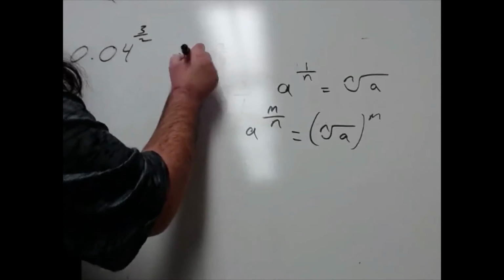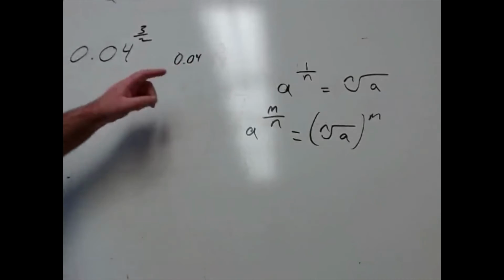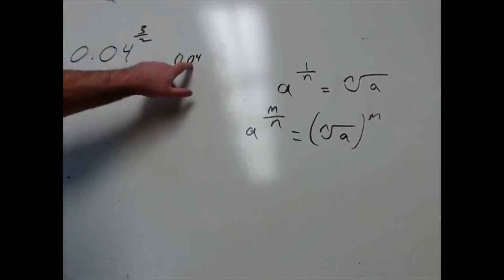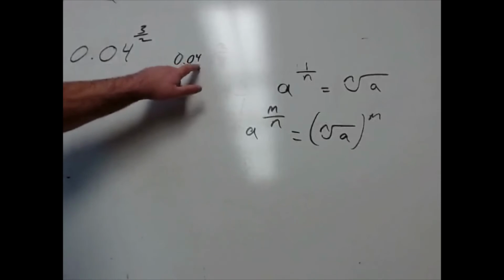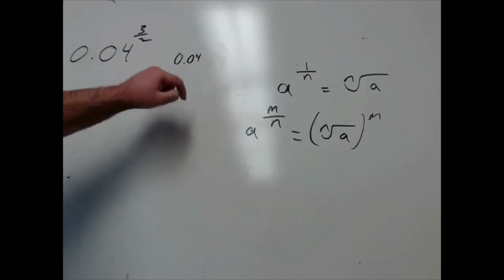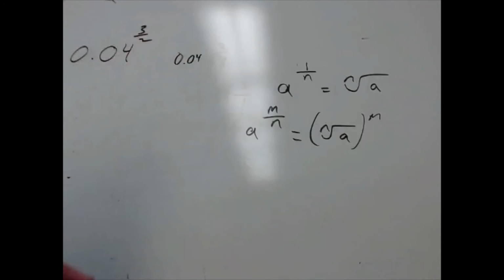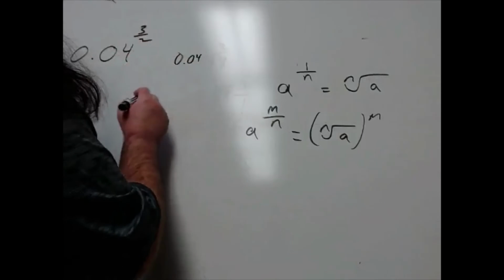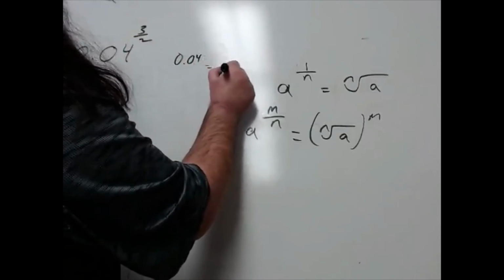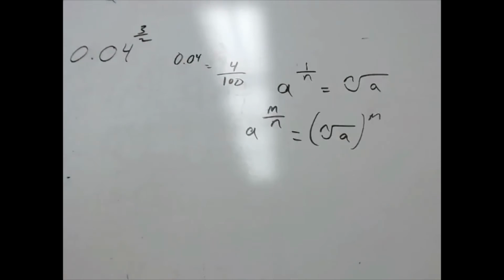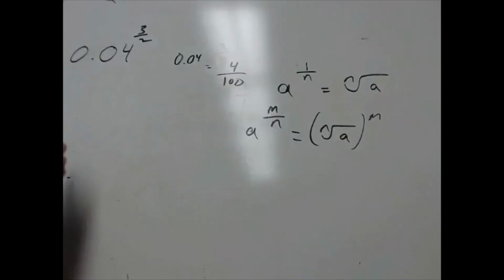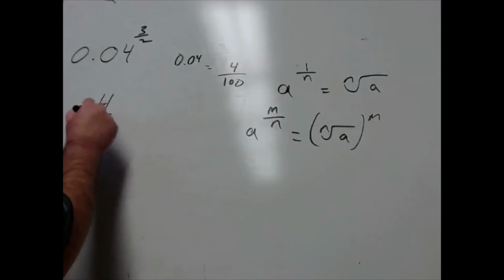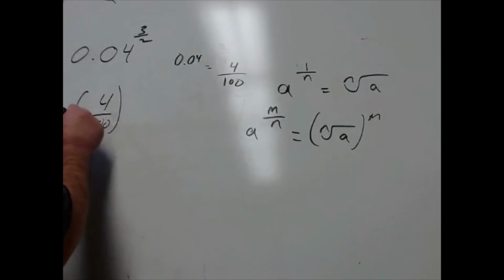Well, what you should realize is that this is the decimal point, so this is the 10th place, and this is the 100th place. So this means that I've got 4 hundredths. So if I've got 4 hundredths, then that means that it can be written as 4 over 100. So I'll rewrite this as 4 over 100 to the 3 over 2.